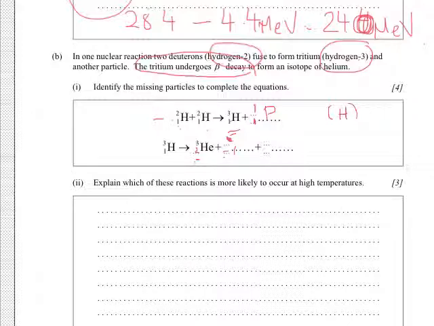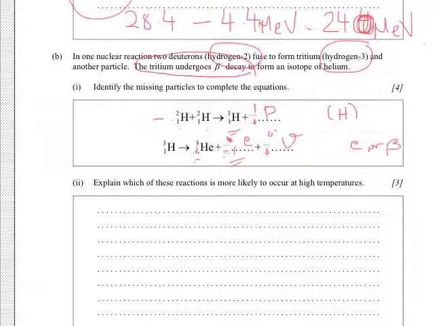So a -1, well, that's a beta. You can write a beta, or you can write an electron. That's fine. And because this is beta decay, you know that you have an uncharged neutrino. So you have helium, an electron or a beta particle, and a neutrino.